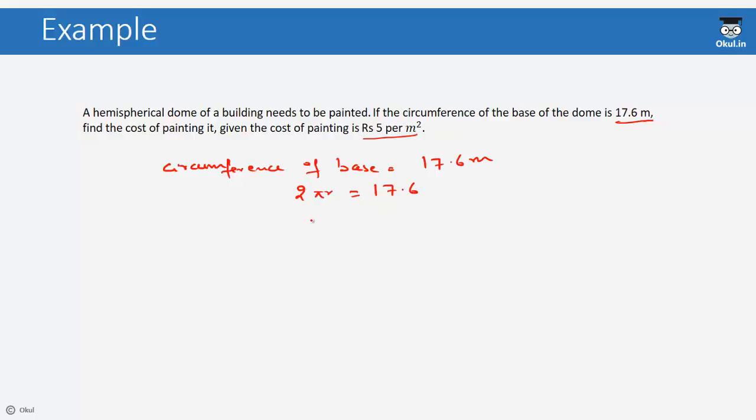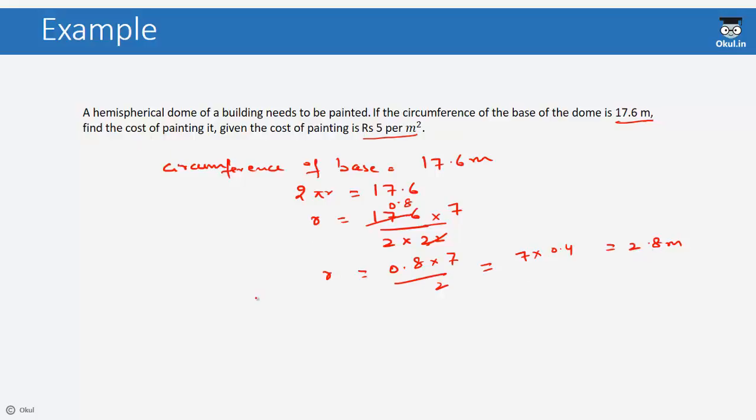From here we can calculate r. So r is 17.6 divided by 2 into 22 by 7. We are taking the value of pi as 22 by 7. Calculating this, we get 0.8 multiplied by 7 divided by 2, which is equal to 7 into 0.4, and this is equal to 2.8 meters. So we now have the radius.